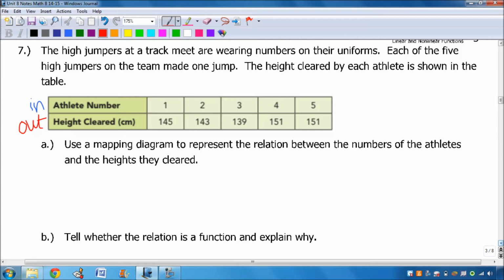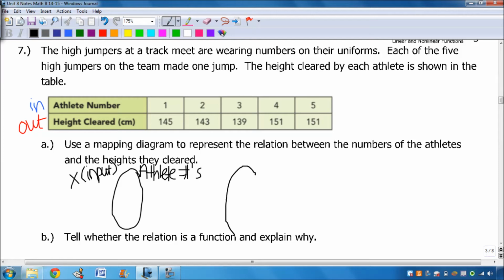So what we're going to do when we do a mapping is we do one oval to represent our x, or our input, okay? But in this example, our inputs are athlete numbers. And then we do another oval to represent our y, or our output, and it's the height that they cleared.